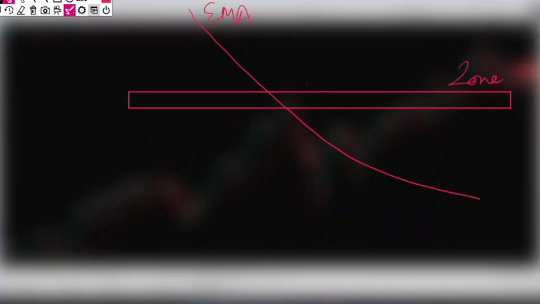Then for the short trade, this is the zone. Okay, this is the EMA, this is the zone, and let me draw the chart. These things need to happen.